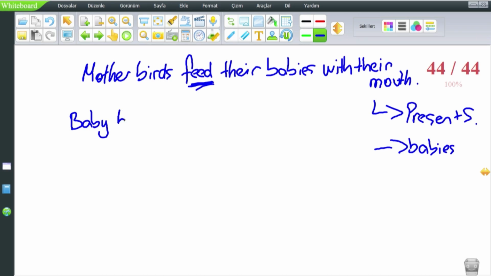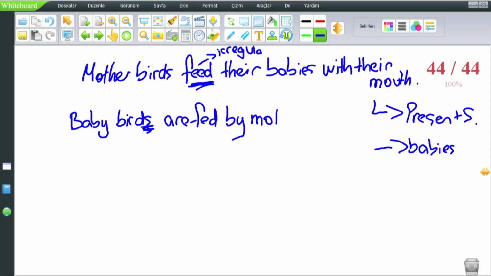Baby birds are, because this is plural, this is an irregular verb. Feed, fed, fed: fed by mother birds through their mouth.